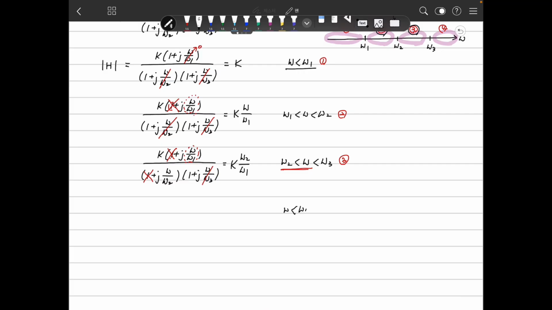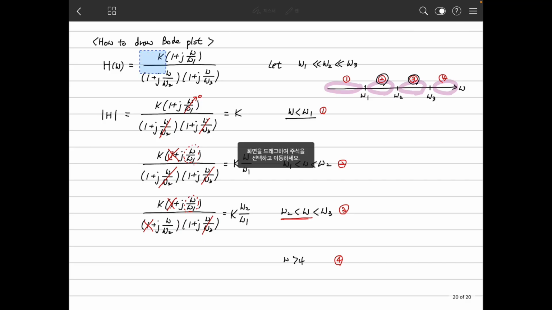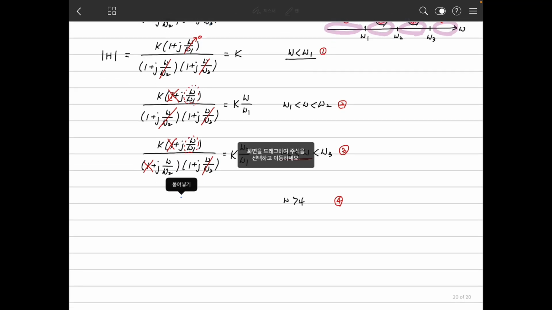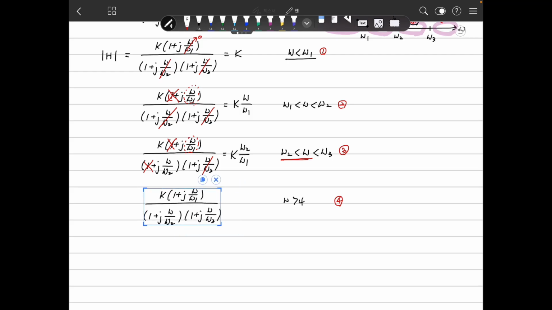omega is larger than omega 4. In this area, this is 4 fours. So here we can ignore, and ignore, and ignore.